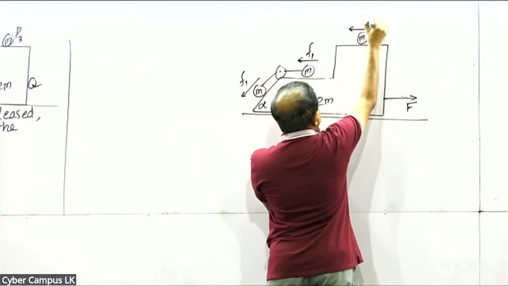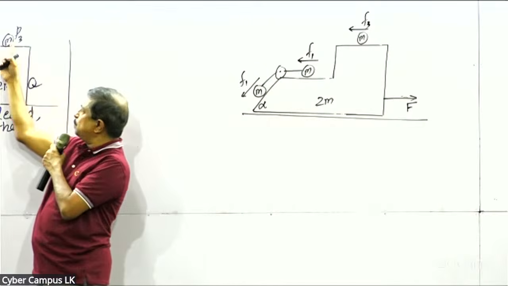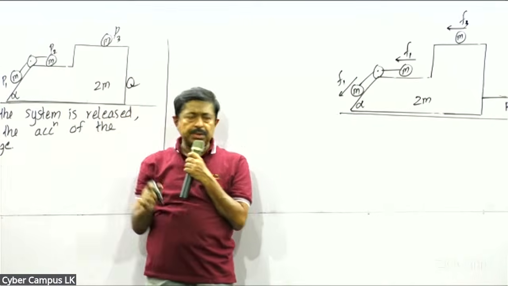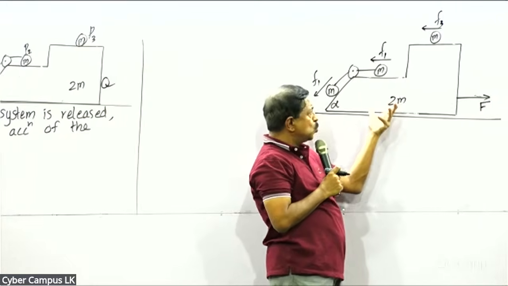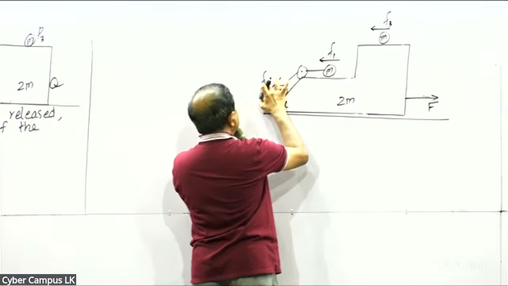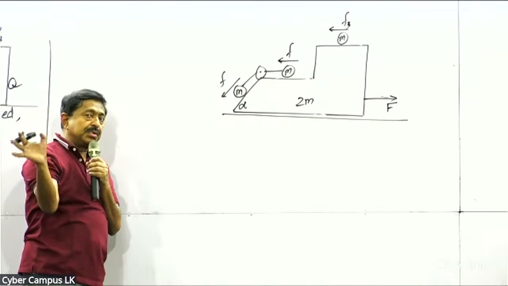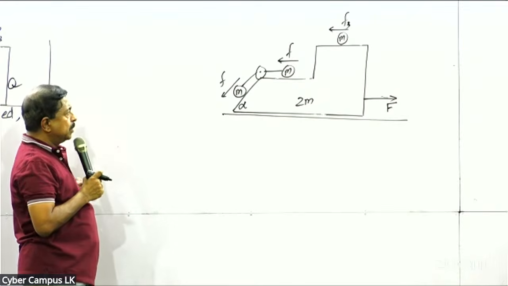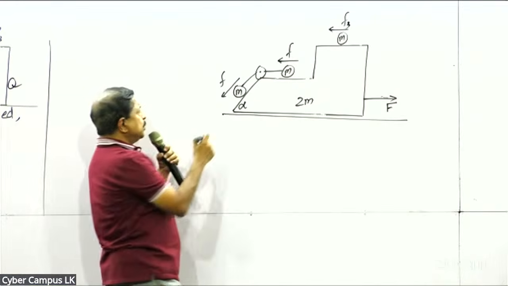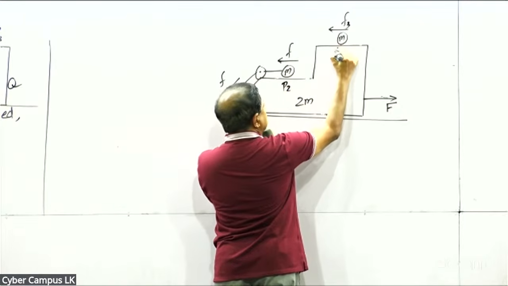I'll take this as F3 just to avoid confusion, because it is P3. So I denote it by F3 even though there's no F2, or I can simply denote it by simple F. So no preference is given over P1 or P2. Now, I have to distinguish between these two. So this is P1, P2, P3.